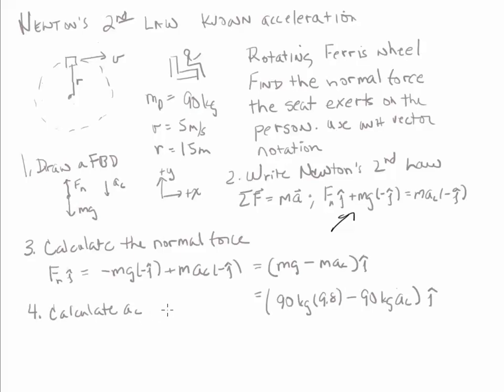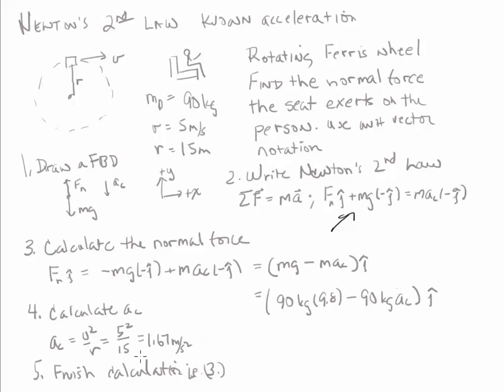So calculating a_c, of course, remember what a_c is, centripetal acceleration, how it's related to the velocity and the radius. And we can calculate that as v squared over r equal to 1.67 meters per second squared.